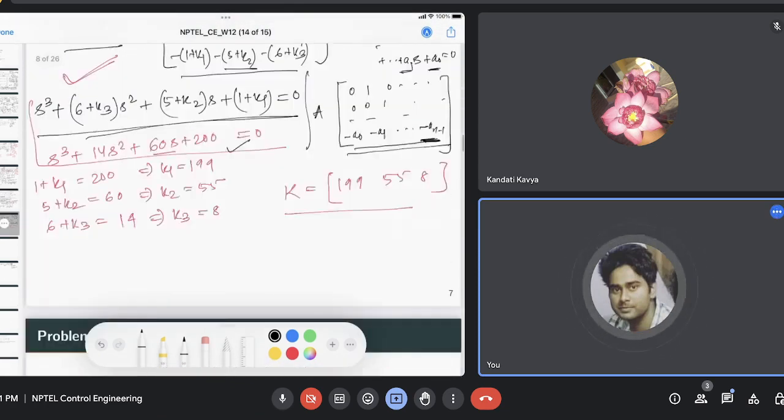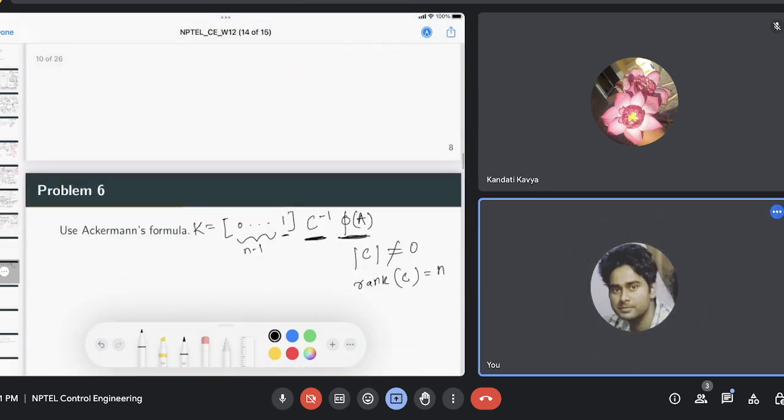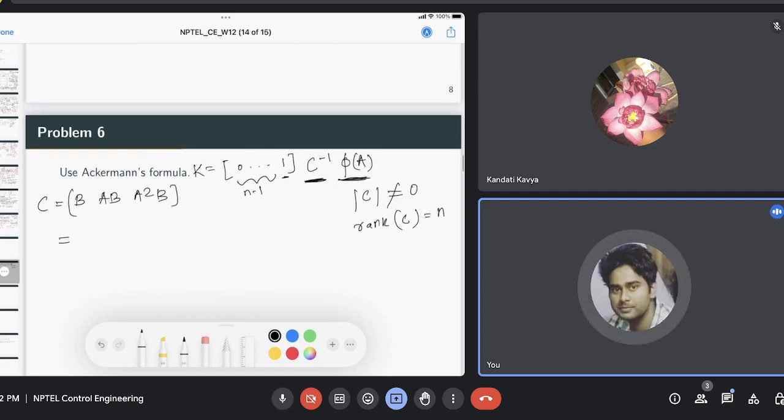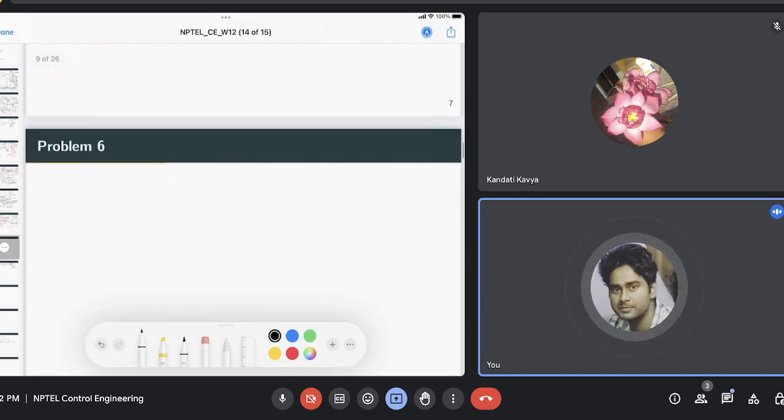First we check whether the system is fully controllable or not. C will be B, AB, A squared B. We can just compute by multiplying.